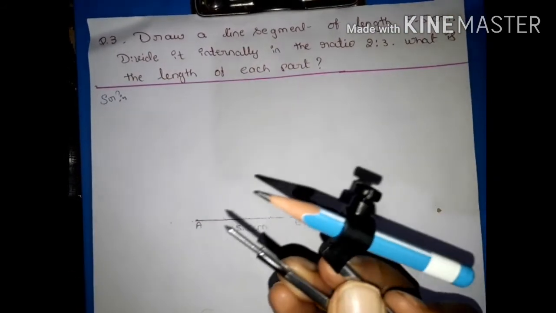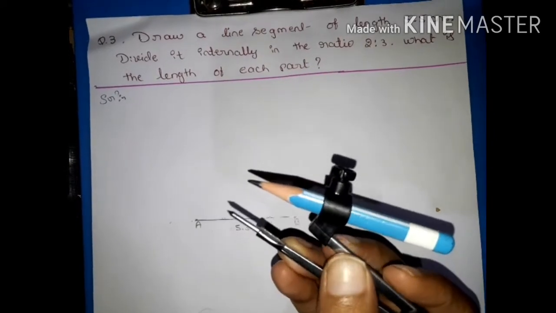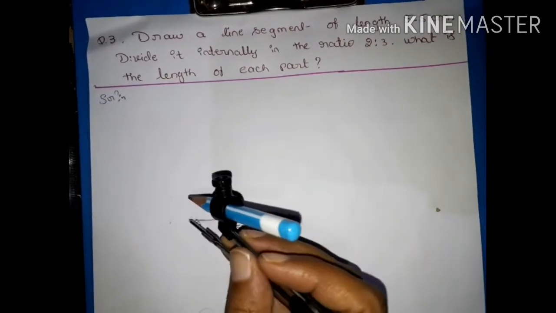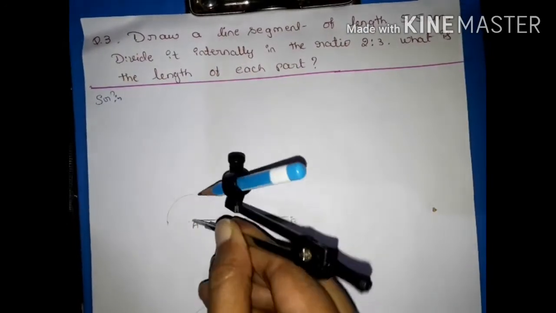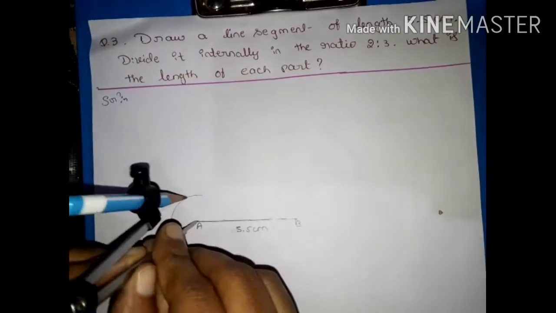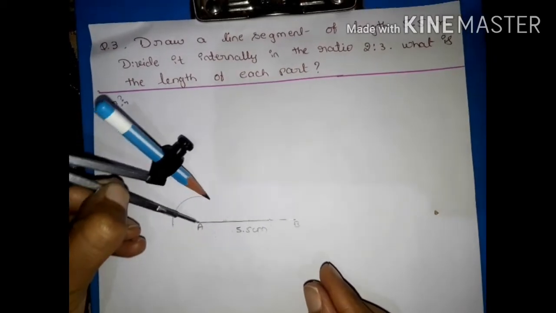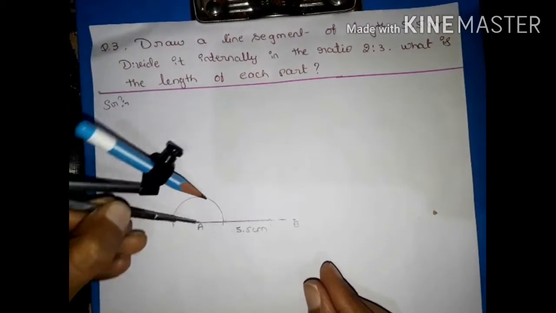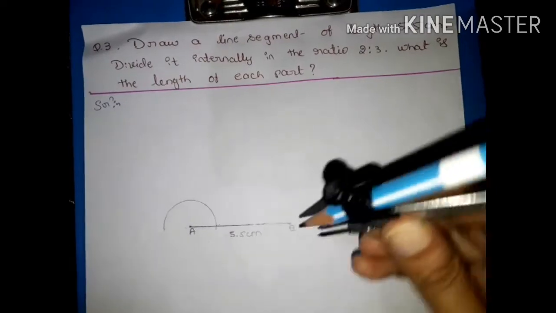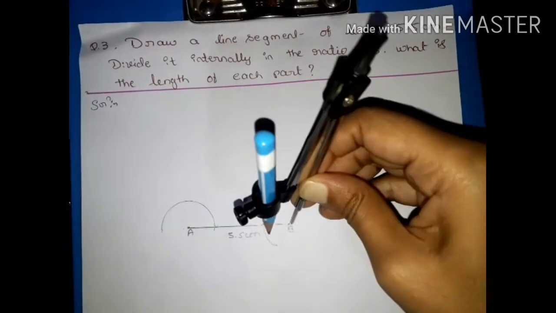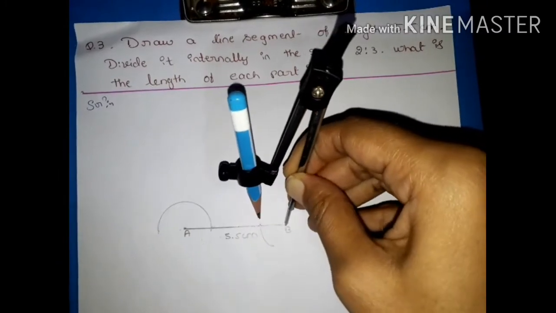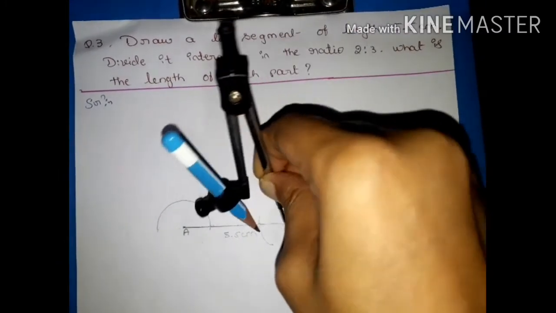For any radius, take a measurement from the compass and draw a semicircle at point A. And also at point B, opposite to point A, construct one more semicircle.